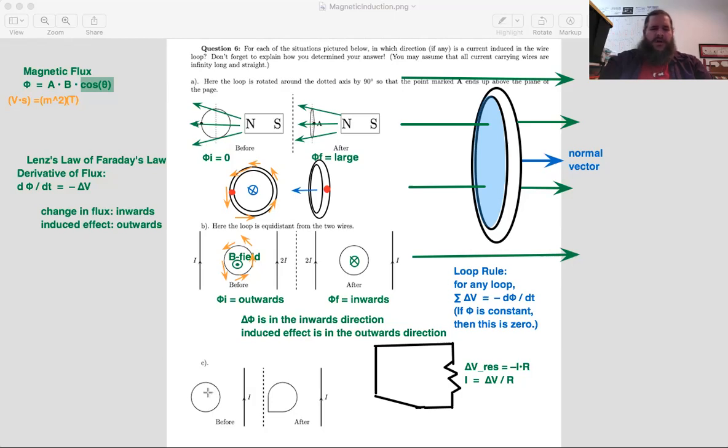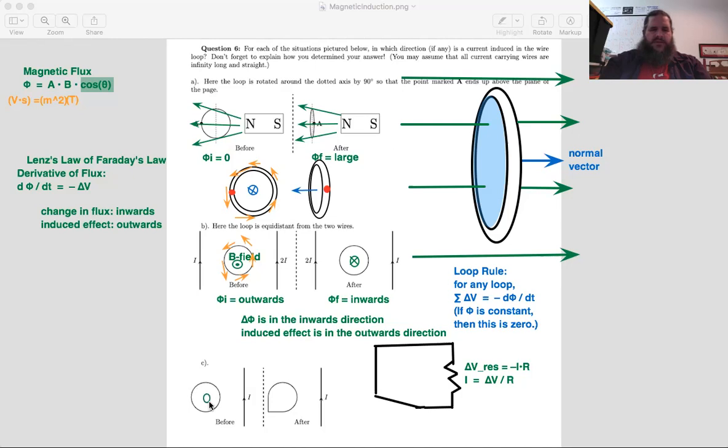And then for the third one, there's definitely a magnetic field from the source wire, and that magnetic field is going to be in which direction? It's going to be out of the page.